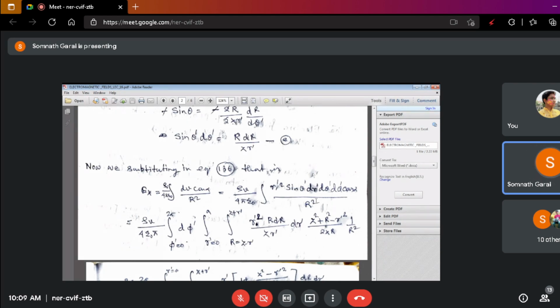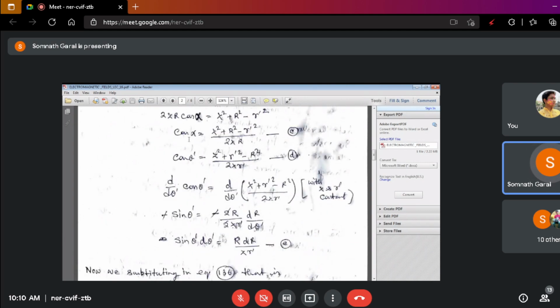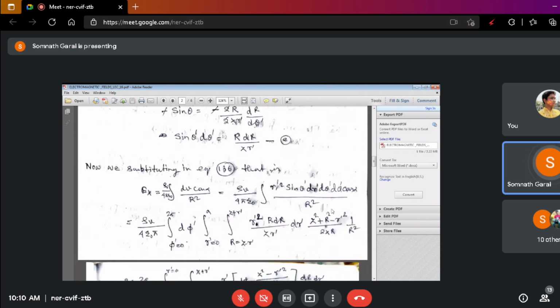Right? Now we replace the values which I calculated from A to E. So first we replace the value of sin theta dot d theta dot by capital R dR by z small r dot, and we replace cos phi, which is cos alpha, by z square plus capital R square minus small r dot square divided by 2zR. That is one.